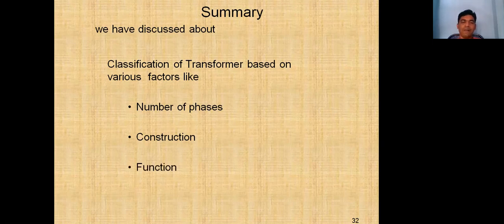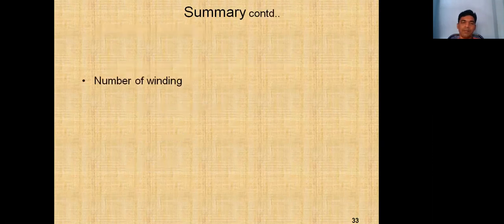Based on the function: step up, step down. Number of windings: single winding, multiple windings. Single winding means auto transformer, multiple winding generally two winding transformer. Type of cooling: air cooled, oil cooled, etc.